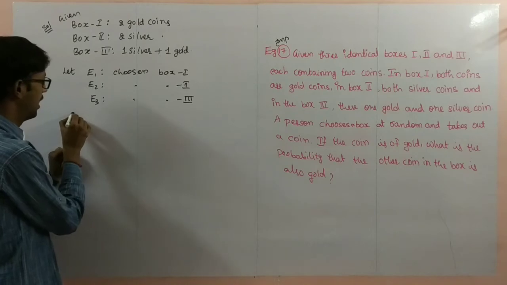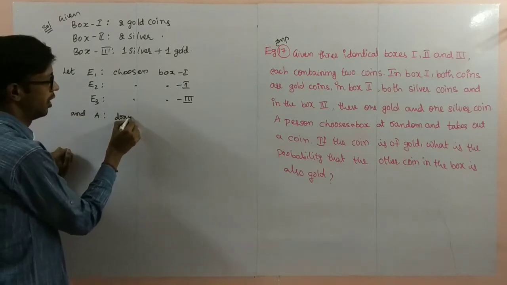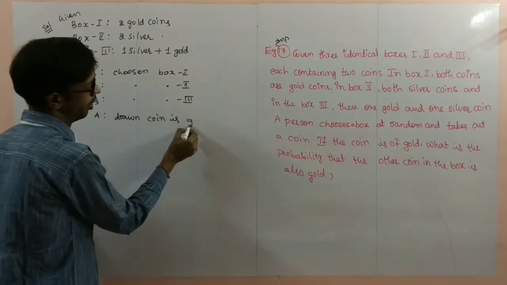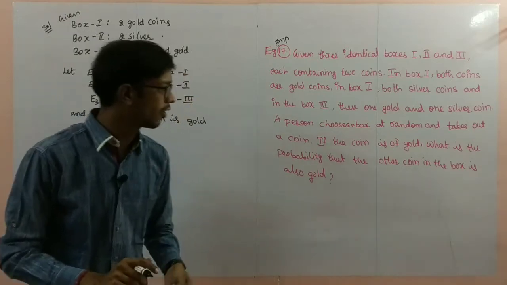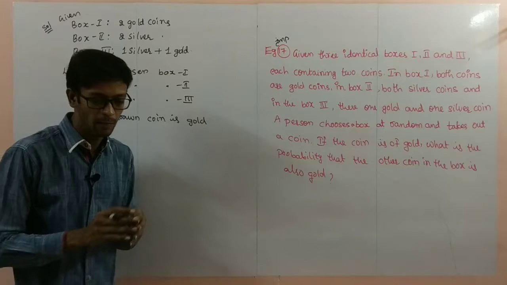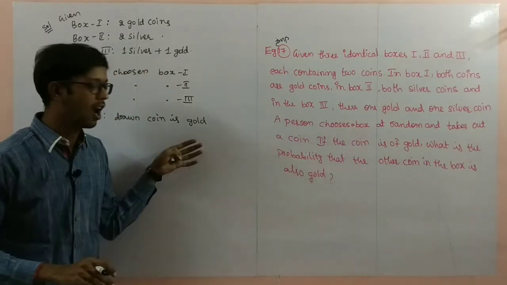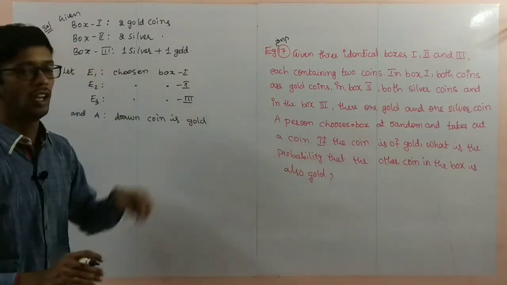And capital A is the event that the drawn coin is gold. Here 3 boxes are there, so I wrote 3 events.